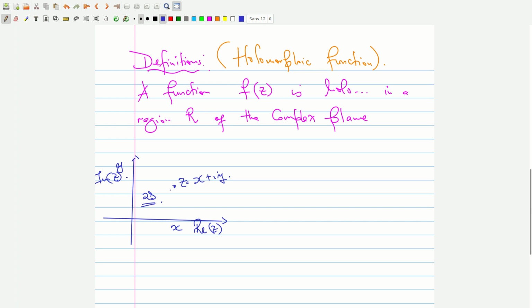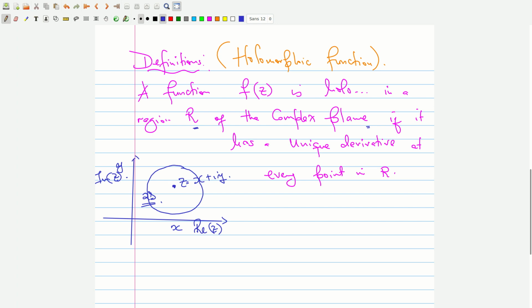Okay, so that is why we say that the function f of z is holomorphic in a region R of the complex plane if it has a unique derivative at every point in R. Let us assume our region of interest was a circle here.